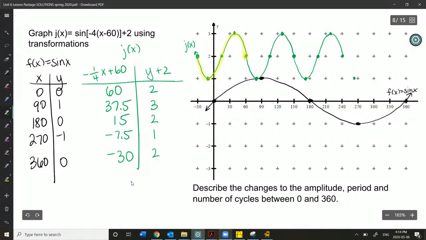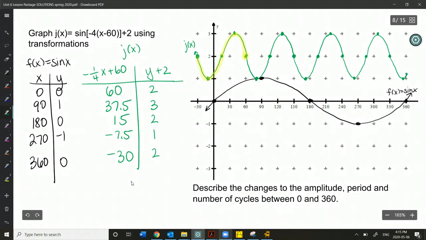Okay, and then I'm just going to continue that again. So I'm going to go a little bit quicker for this one. And I'm going to finish this off at, actually I won't finish exactly at 360, but this next one will go right before 360.